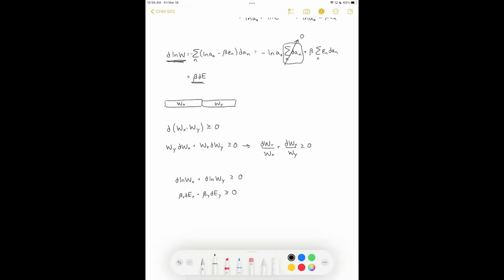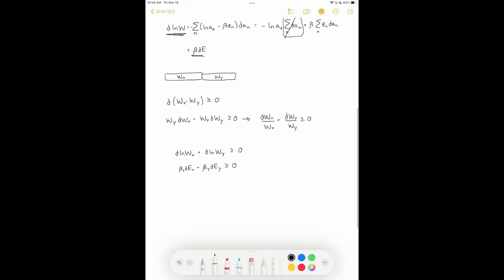In this case, what we're doing is bringing two, say, rods into thermal contact, two systems into contact with each other. Therefore, the change in the energy for the x half of our system plus the change in energy of the y half of our system must be equal to 0. Energy flows from one direction to the other. So we can say then that dEx is equal to negative dEy.